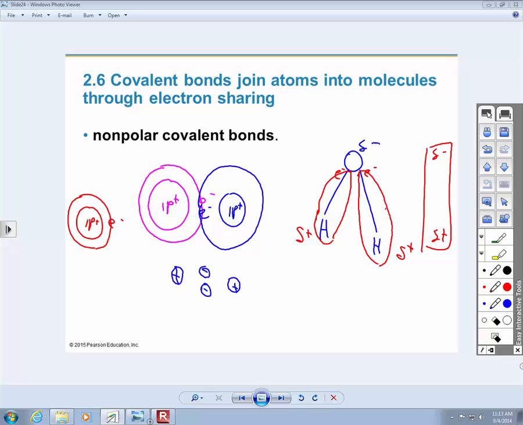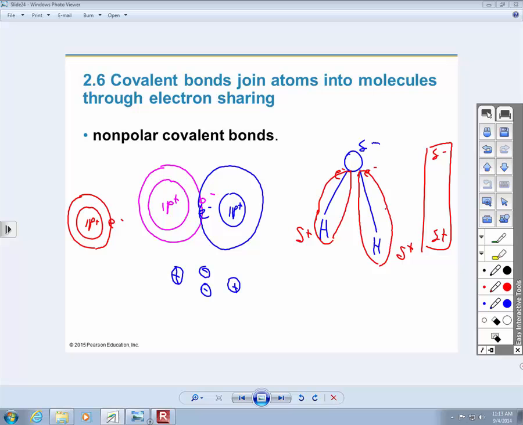So anytime you're working with the elements in the upper right-hand corner, you know you're going to be dealing with a polar molecule just automatically. It's very, very simple to recognize that. If you understand that in the upper right-hand corner, you're dealing with some very electronegative elements, they pull the electrons that direction towards that element, away from the other element, therefore leaving the other element partially positive. And that's electronegativity.